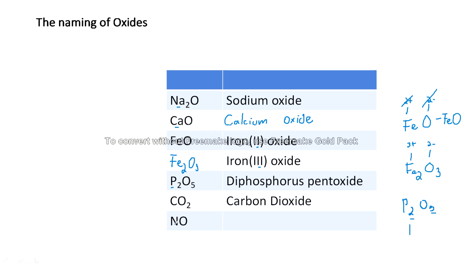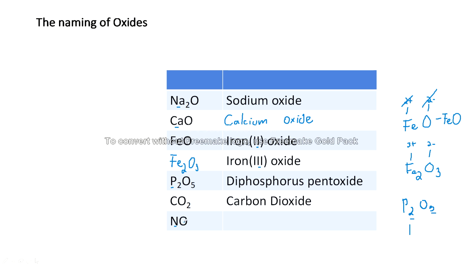We have NO. N is nitrogen and O is oxygen. N is a non-metal, so we need to use the Latin prefix. Therefore, we cannot say mononitrogen, so we'll leave it.